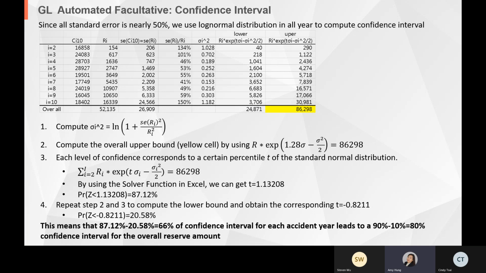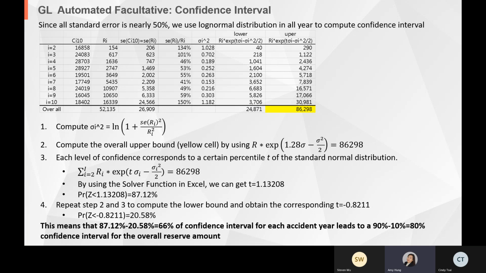Since all standard errors are nearly 50%, we use log normal distribution in all years to compute the confidence interval. There are 4 steps. Firstly, compute sigma I squared, and then compute the overall upper bound. Since each level of confidence corresponds to a certain percentile t of the standard normal distribution, we can use the solver function in Excel and get t equal to 1.13.